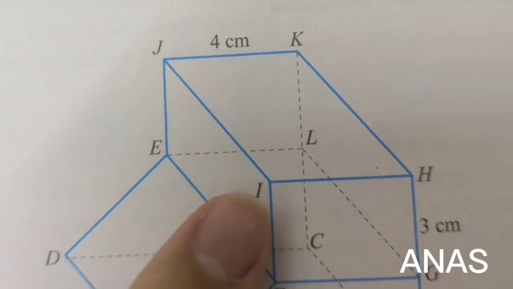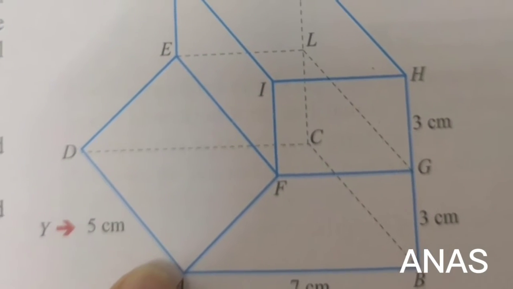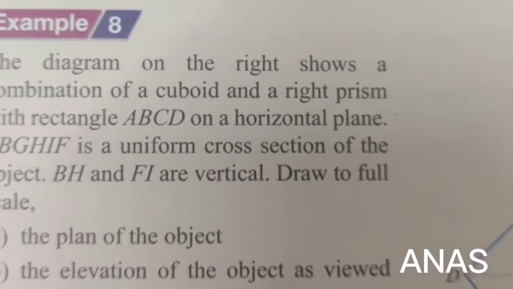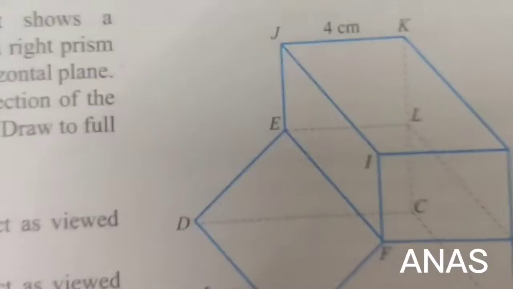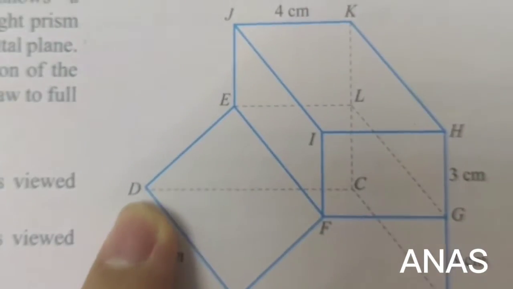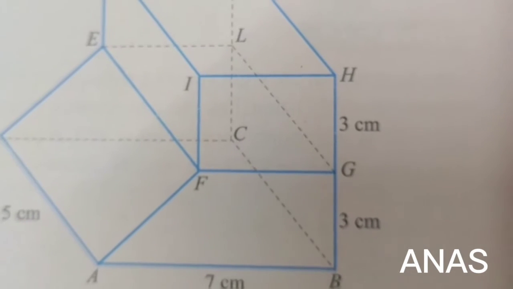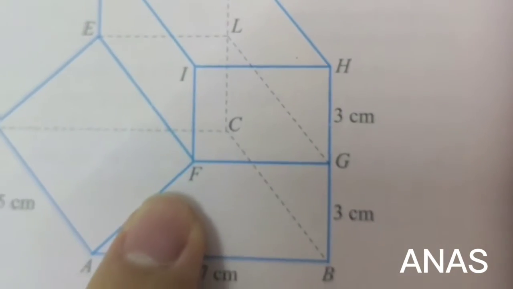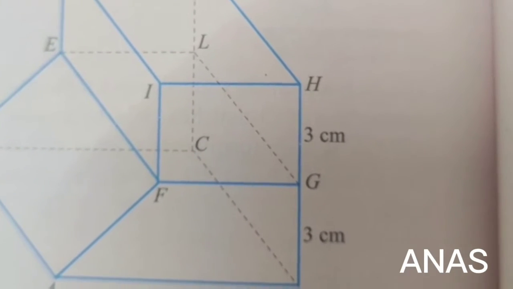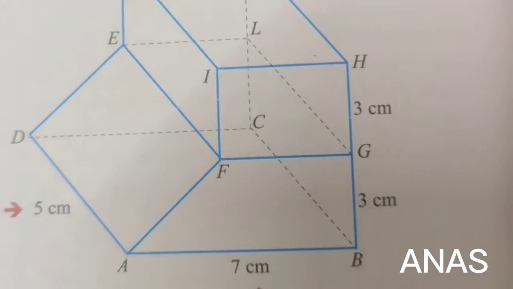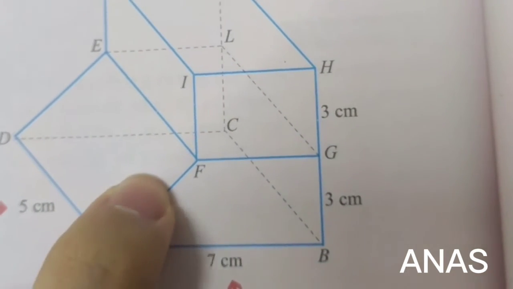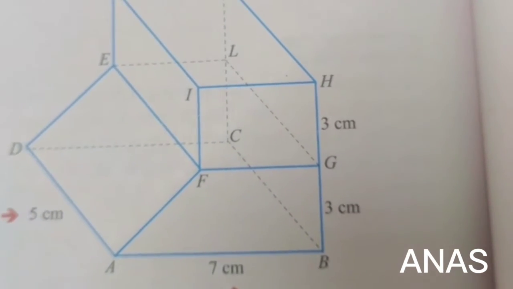Okay, this is a cuboid and this is a right prism. A horizontal plane. Okay, ABCD. This is A, B, C, and D. ABGHIF is a uniform cross section of the full object. BH and FI are vertical.